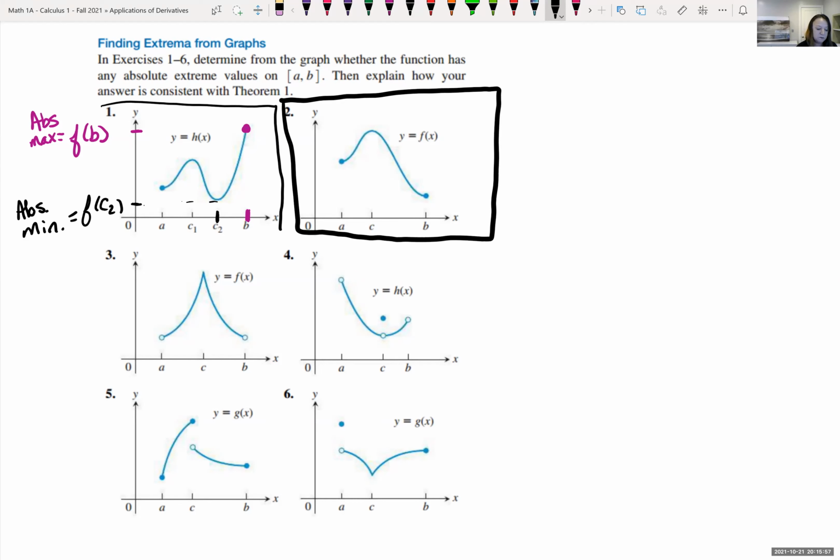If I look at my smallest y value on the graph, it occurs at b, so my absolute min is f of b. And the highest y value I'm hitting is when x is c, and that absolute max value is f of c.